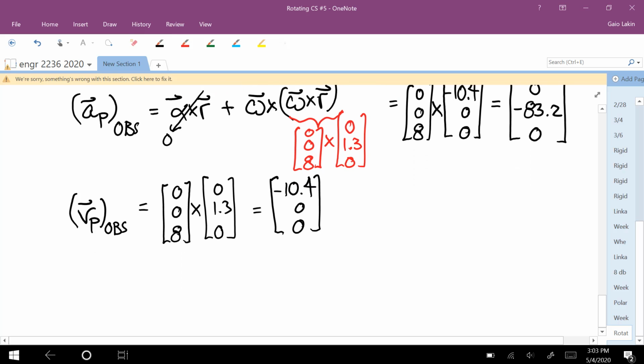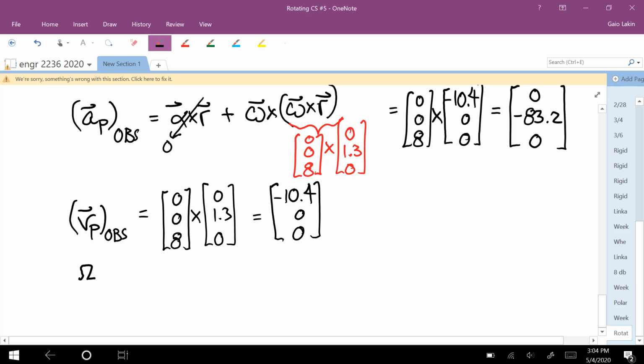Now what about the other stuff that we need? The angular velocity of the coordinate system and angular acceleration of the coordinate system. Those aren't affected by moving the origin. That's just talking about how quickly the orientation of the body is changing. So it doesn't matter where you're looking at that from. It's changing orientation at the same rate. So this is going to be (0, -5, 0).